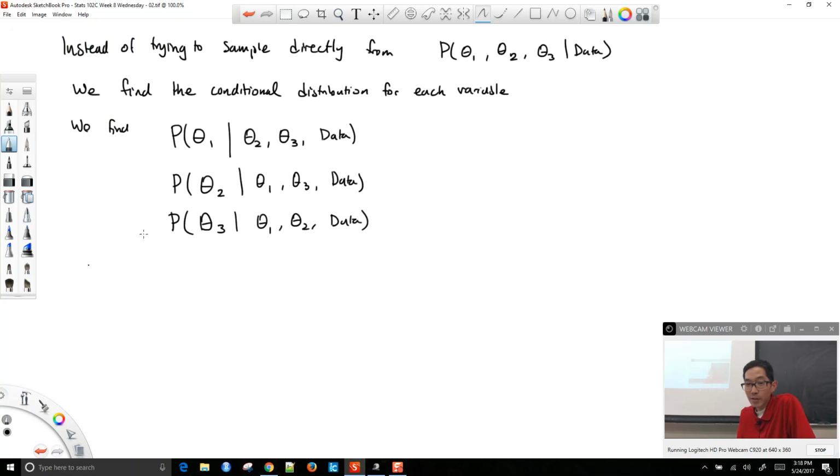Okay, and the hope, and this is often the case, especially if you have some kind of system explaining where each of these things come from, is that each of these conditional distributions is much easier to work with, that we can generate values from these, and these are easier to understand.